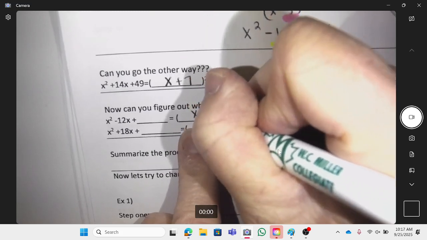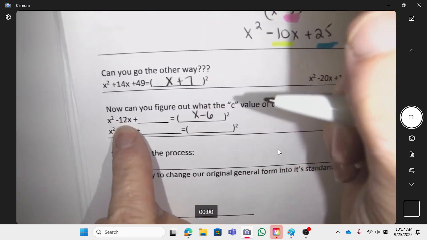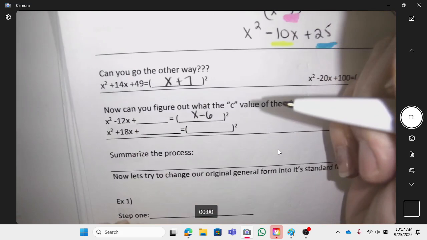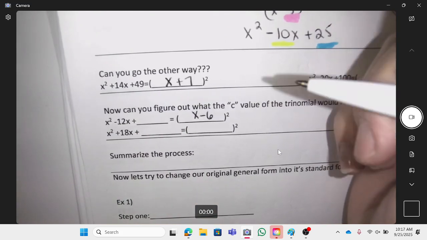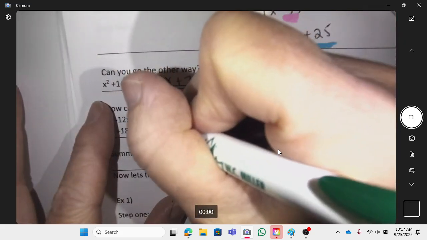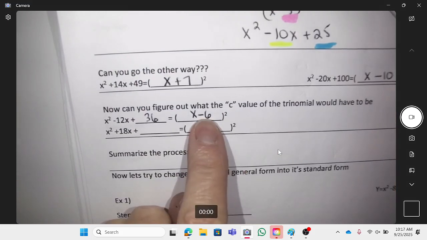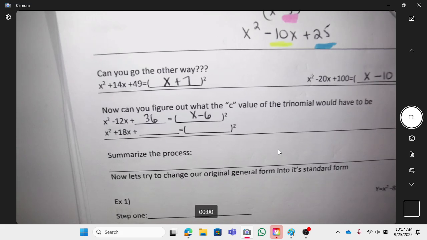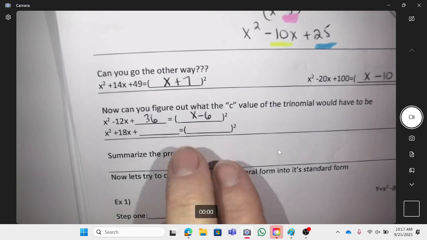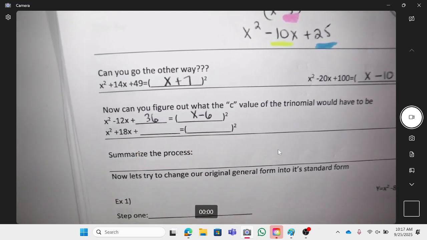Negative 6, because it has to double to that. Now, also, what would the trinomial have to end in? Plus 36, right? Okay, and then finish that last one too. What's the bracket part? And then also, what would that trinomial have to end in?